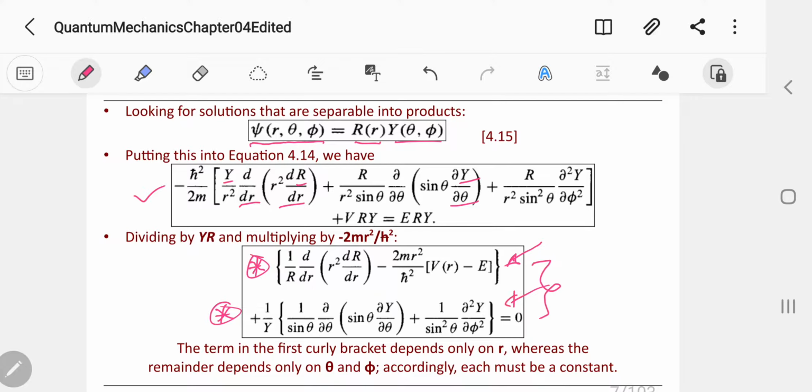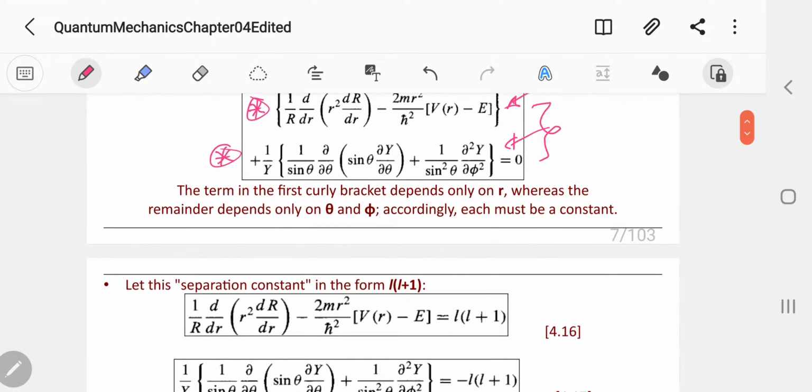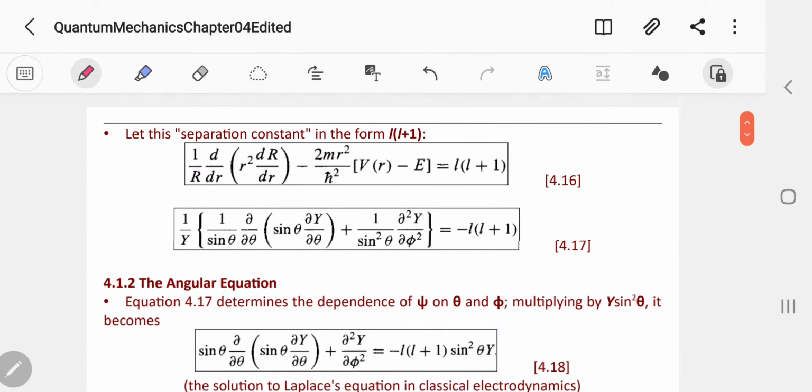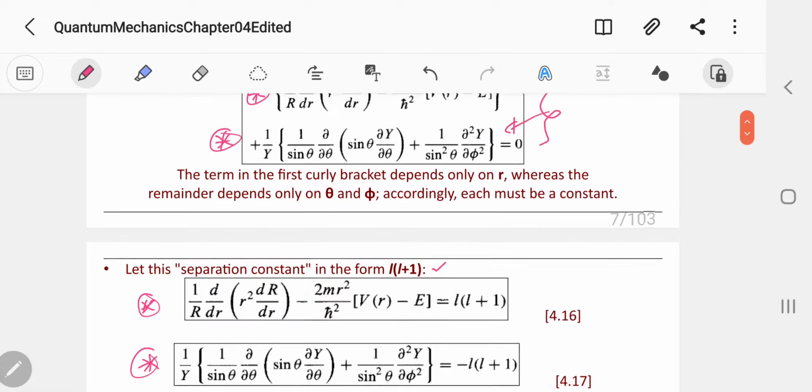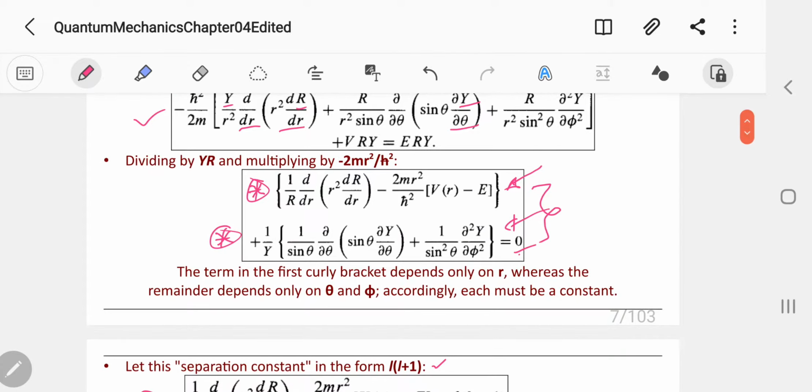So you can let them equal a constant by the rules of partial derivatives. You can let a separation constant L times L plus 1 be equal to this term, and then you have negative L times L plus 1 for this term, because they have to add up to 0. That's why the other one is negative.